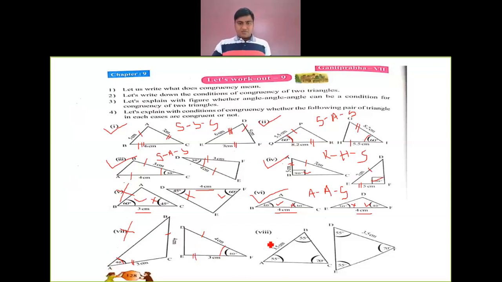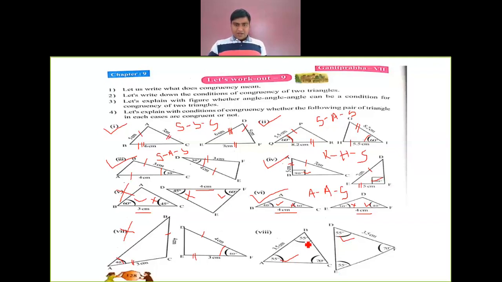Now question number 8. Two triangles, ABC and DEF. Angle A equals 55 degree, and in the triangle DEF, angle D equals 55 degree.